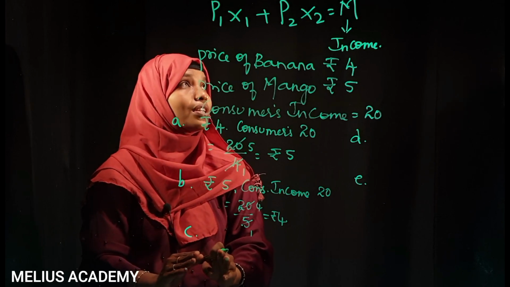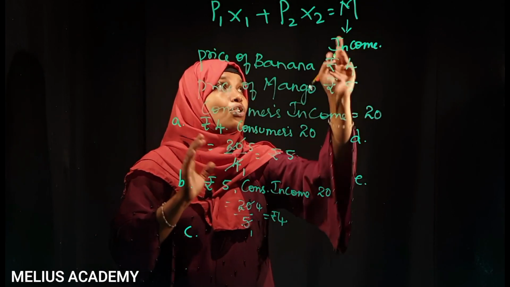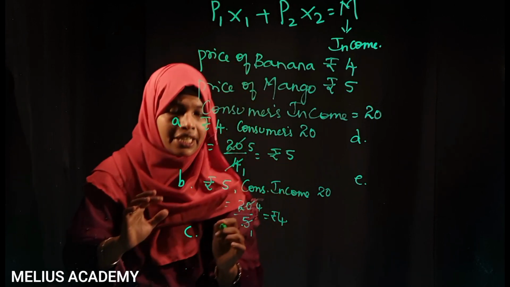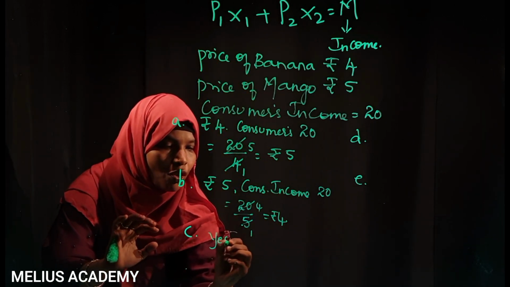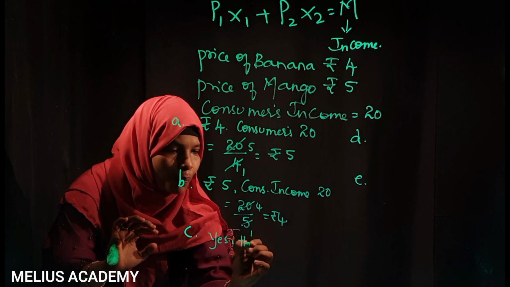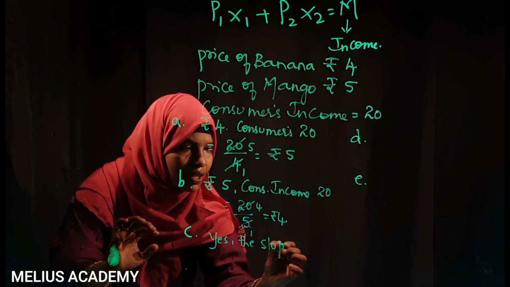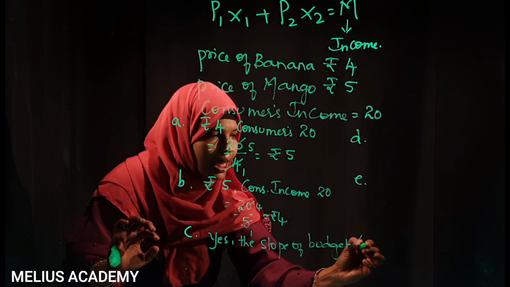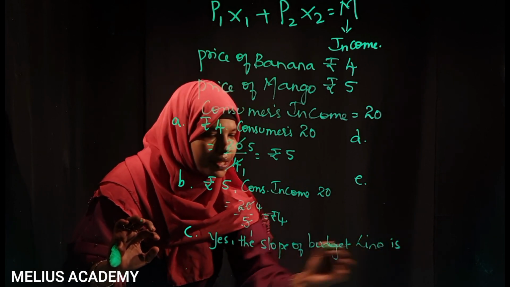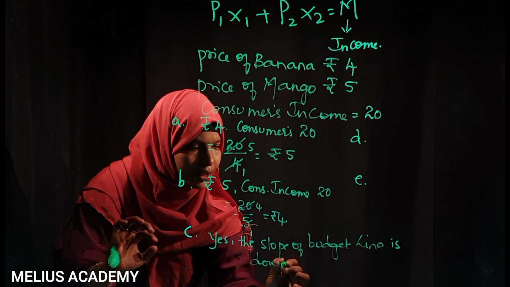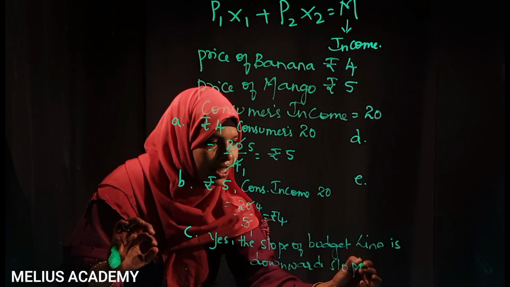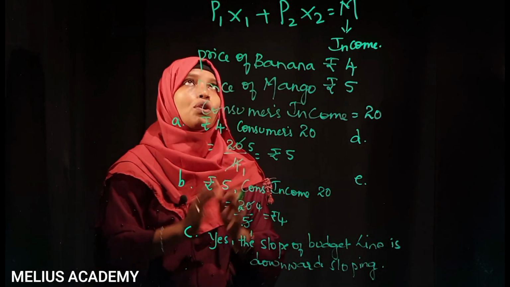Now the third question is, is the slope of the budget line downward sloping? You have to write yes, the slope of the budget line is always downward sloping.